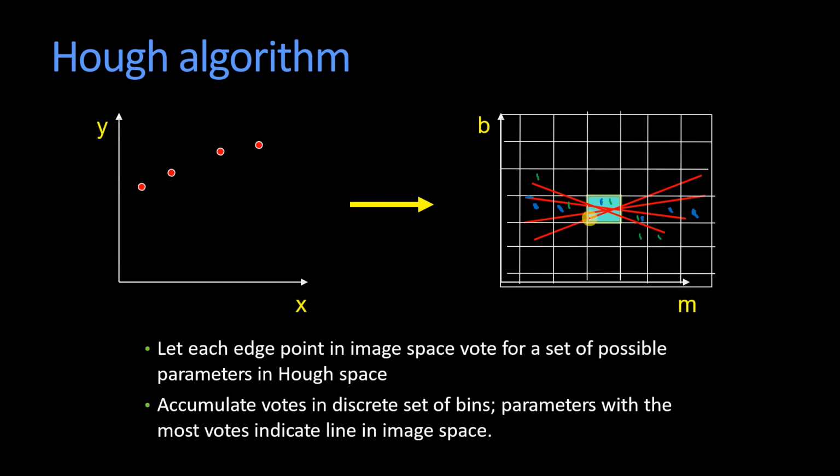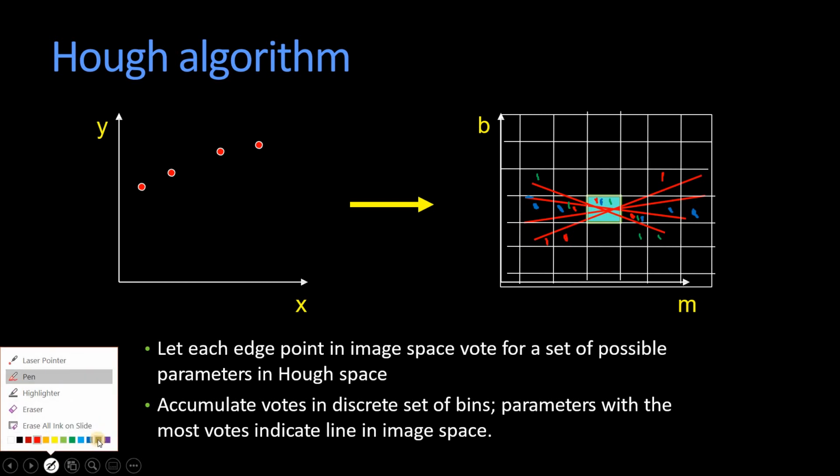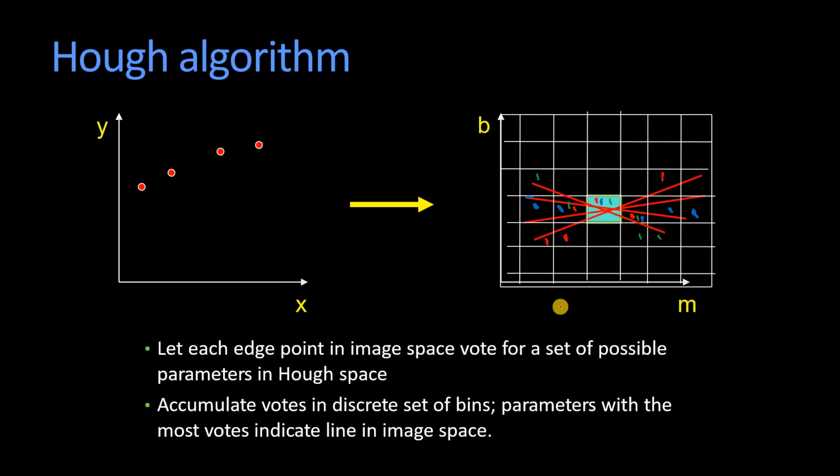Now let's say I have got another one, and this time I choose a different one, this one. Now this one is adding a vote over here. For this, let's say it's not passing through this one, so I will put a vote over here. And what about this? Yes, over here also, and here and here. Okay, so I think 3 is enough for our demonstration purpose.